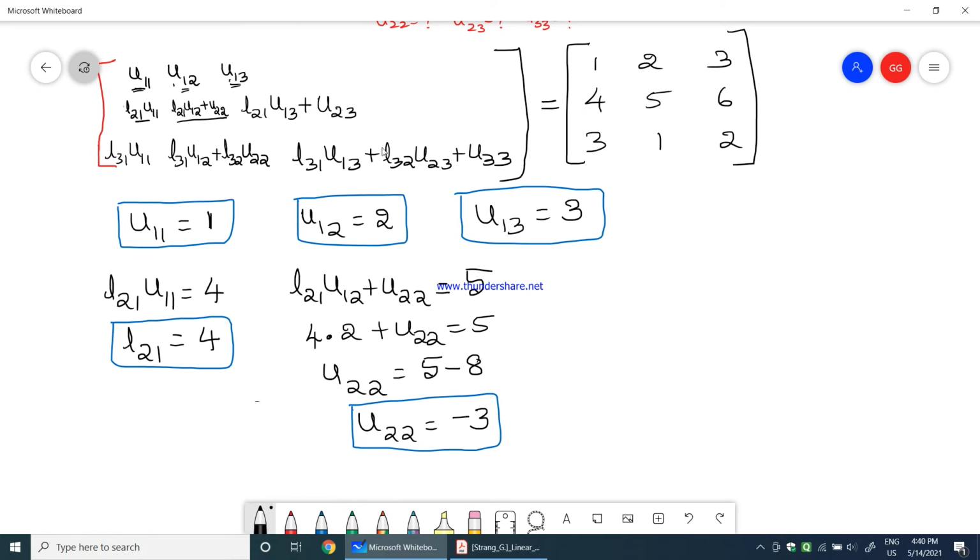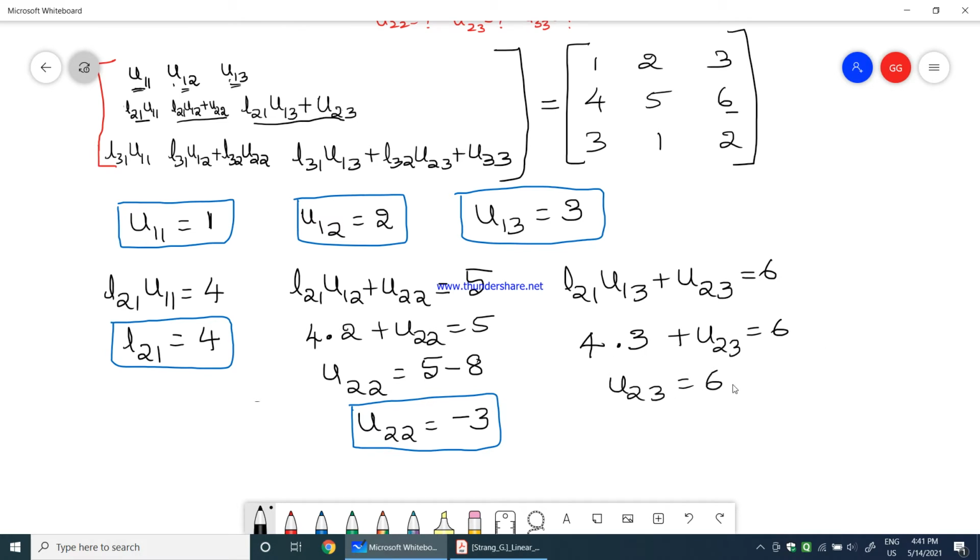Now we have this element equated to 6. Therefore L21 into U13 plus U23 equals 6. L21 is 4 multiplied by U13, which is 3, plus U23 equals 6. Therefore 4 into 3 is 12, and 6 minus 12 gives U23 equals minus 6.